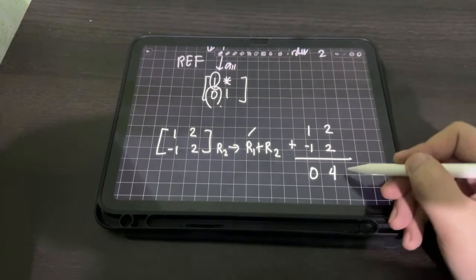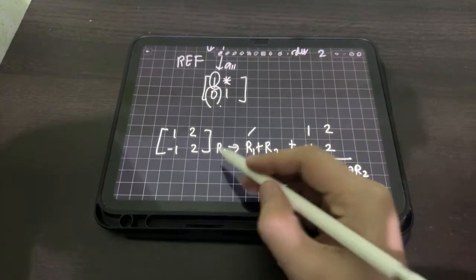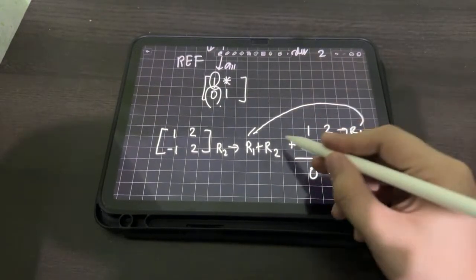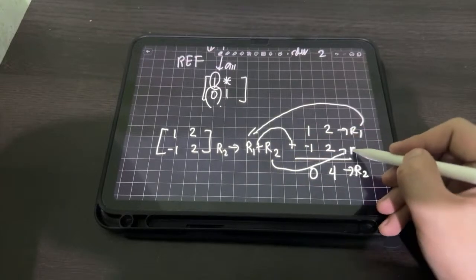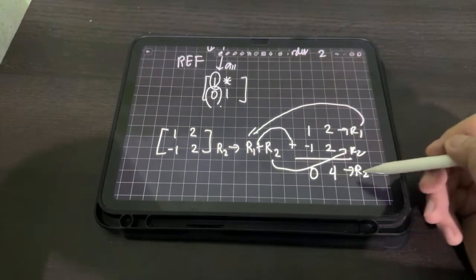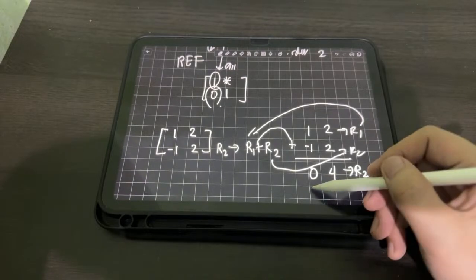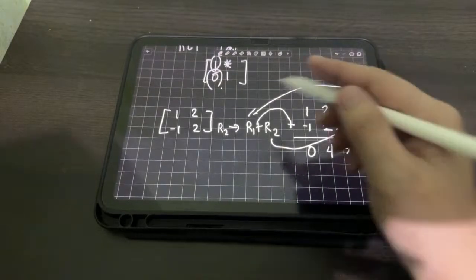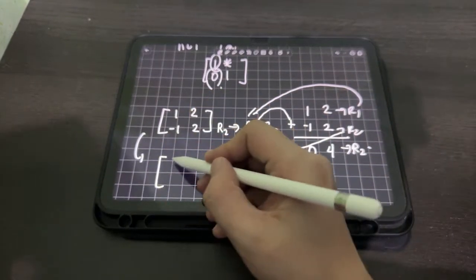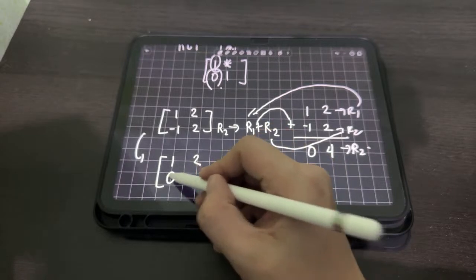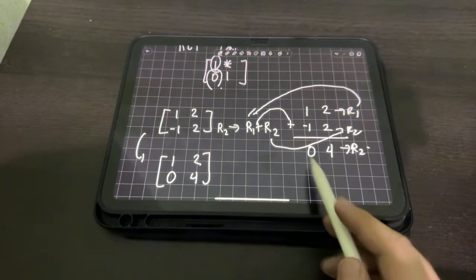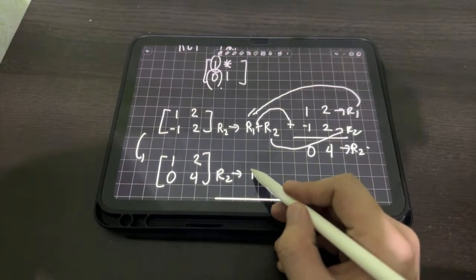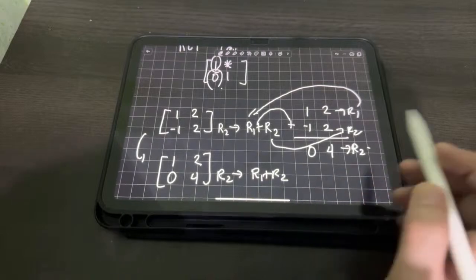So therefore, this will be the new look of R2. So this is your R1. You add this with R2. And if you operate on this, it will result to R2 equal to 0, 4. So therefore, it will become 1, 2, 0, 4 now. And this operation is R2 equivalent to R1 plus R2.